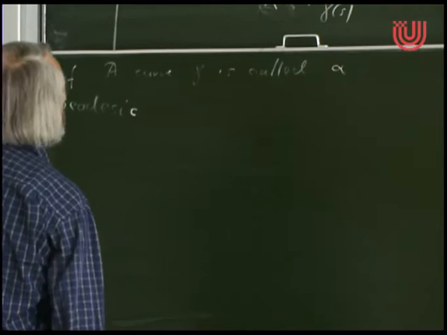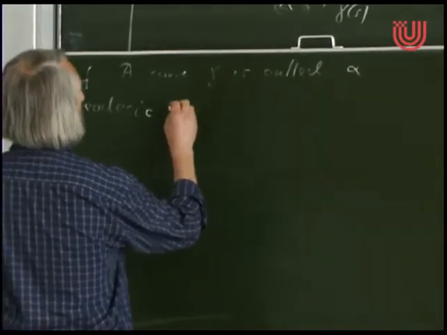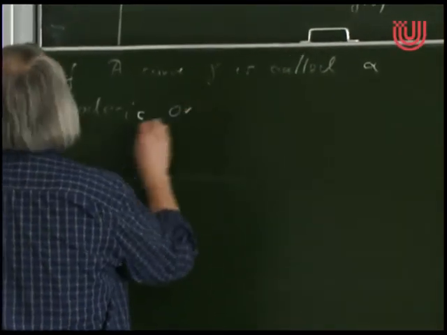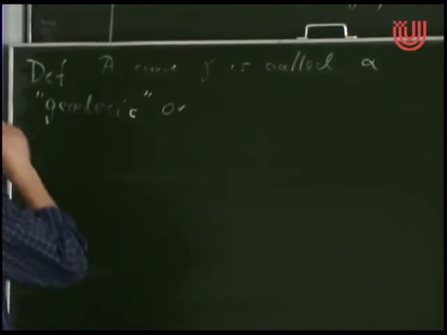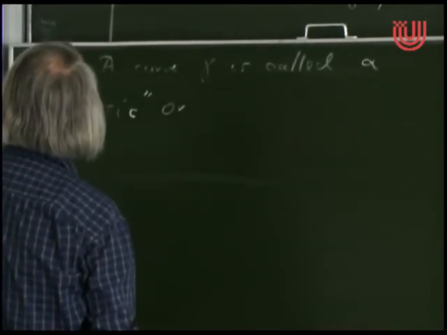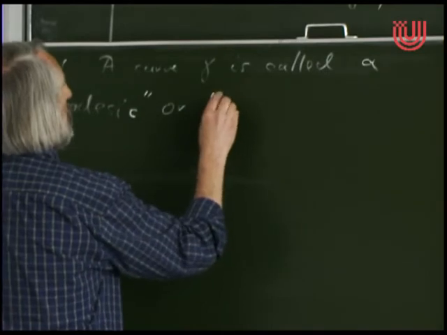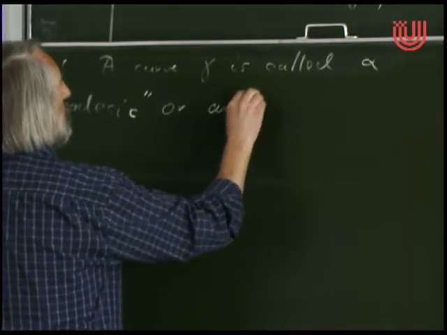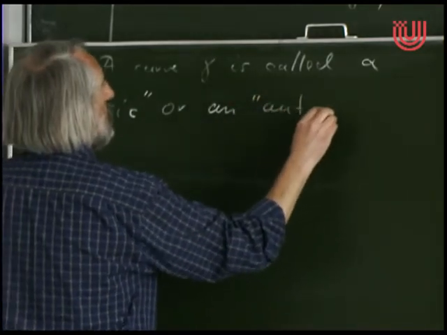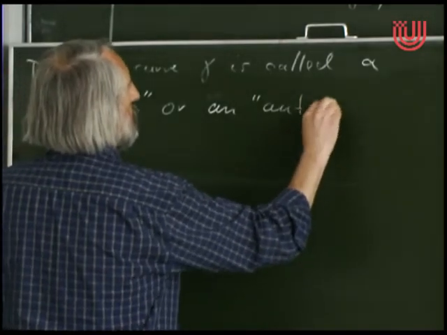So I've decided to say geodesic, but that's just a matter of taste. It's called a geodesic. So that's the first possibility for the name, or what is the same, you can say that it is an autoparallel, maybe written with a hyphen.